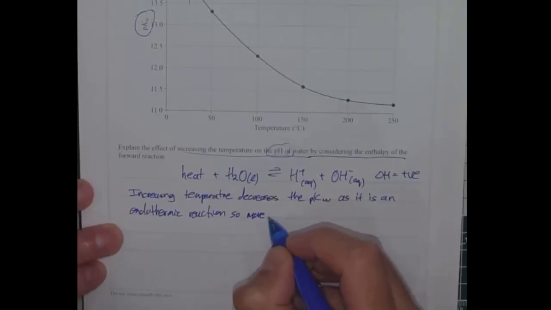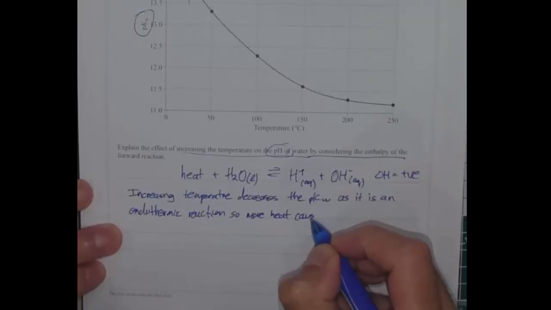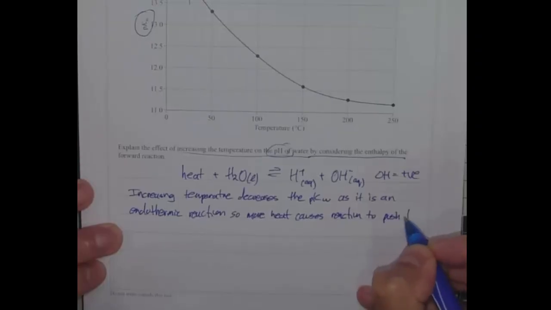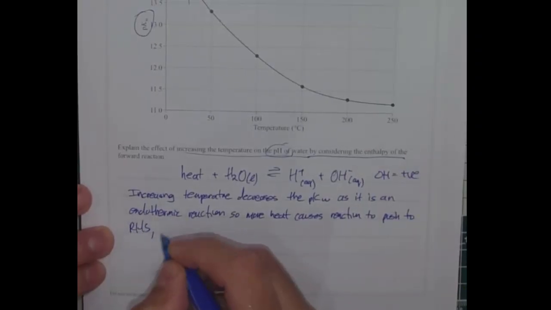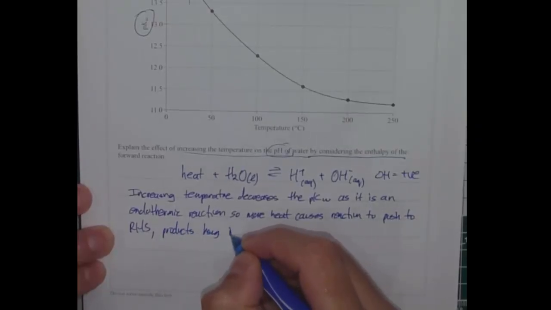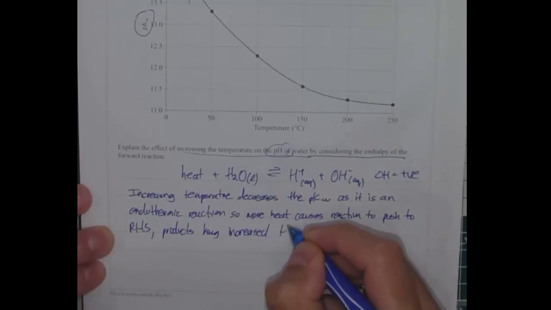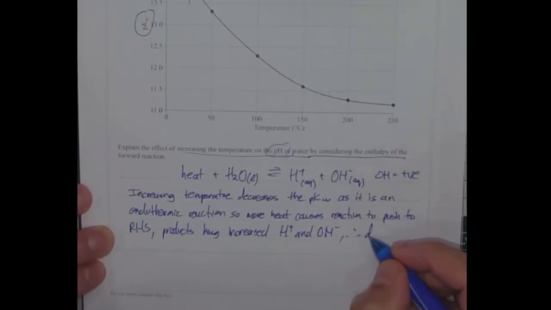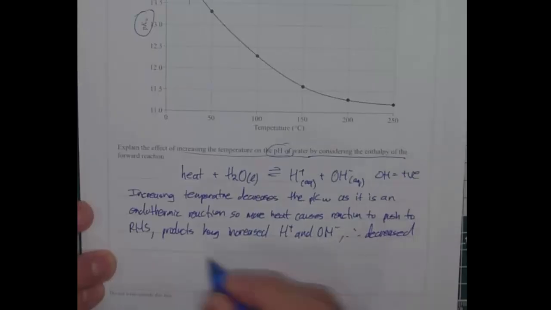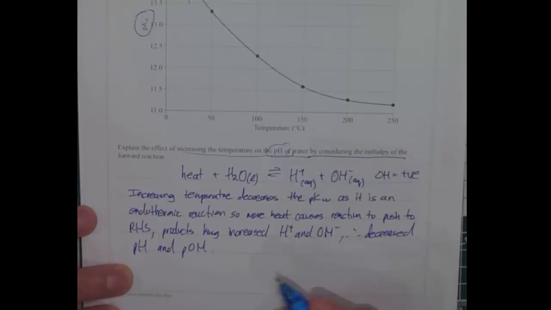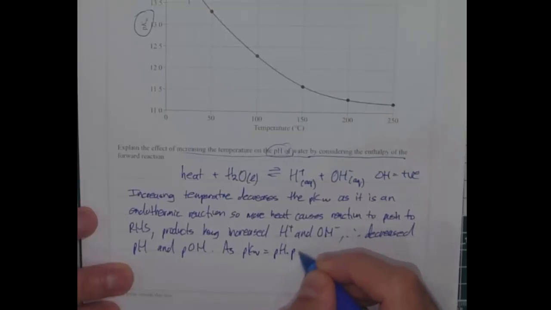So more heat causes reaction to push to right hand side, with the products being increased H plus and OH minus, therefore decreased, that's a trick, pH and pOH, as pKw equals pH plus pOH.